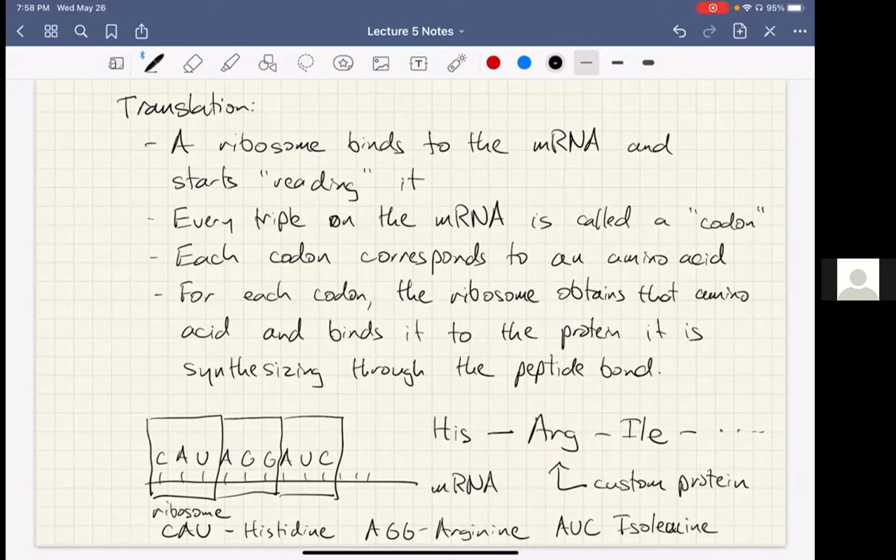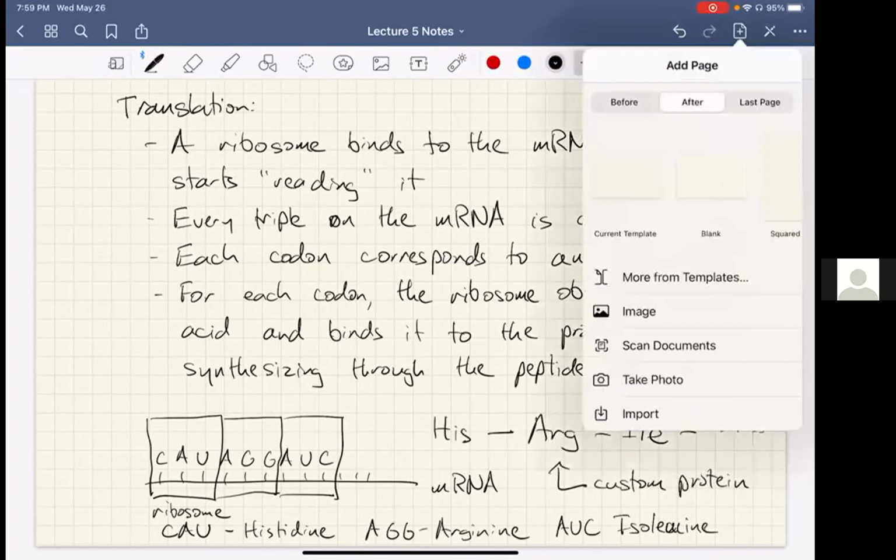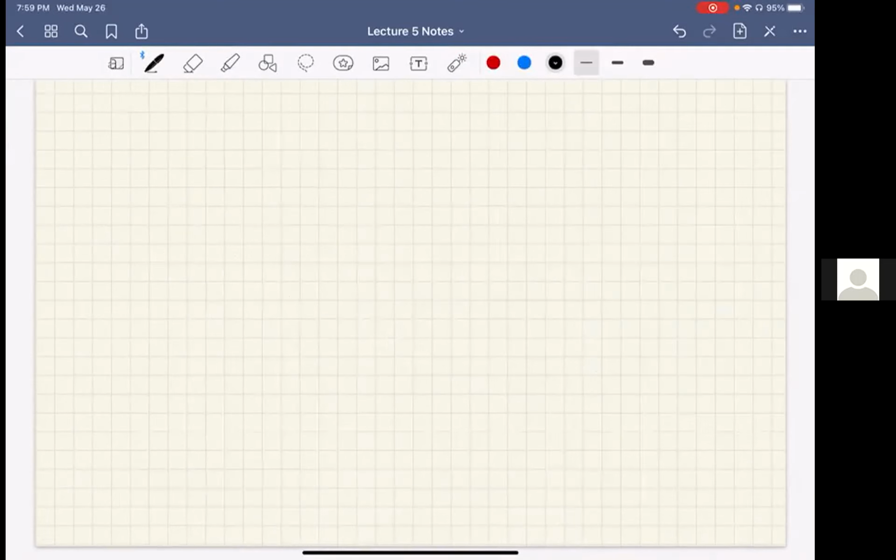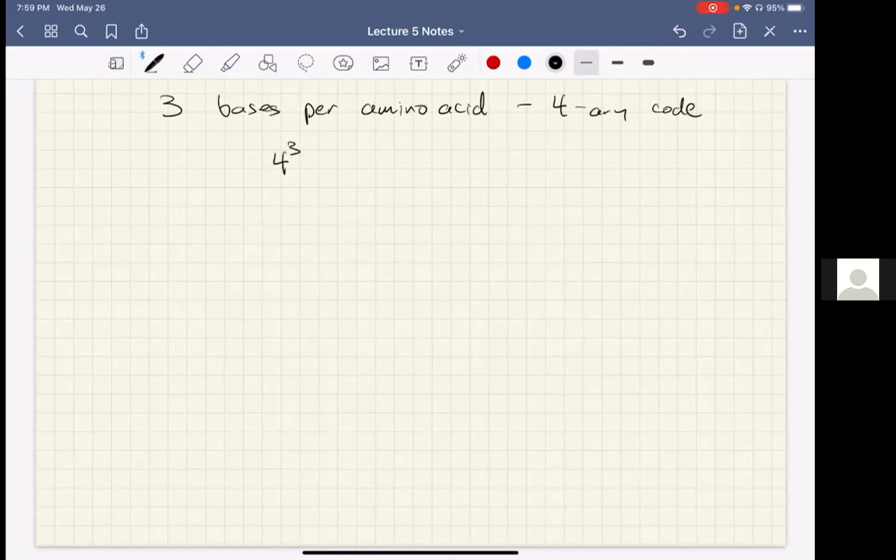I just want to leave you with one idea here. Well, actually, I'm going to give you a couple of details about this process, which I find kind of neat. We're actually not going to come back to them too much, but there are 3 bases per amino acid. And it's a 4-array code, which means the number of possibilities is 4 to the 3rd power. And that is 64.